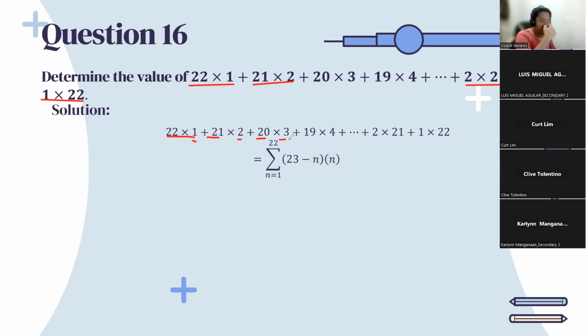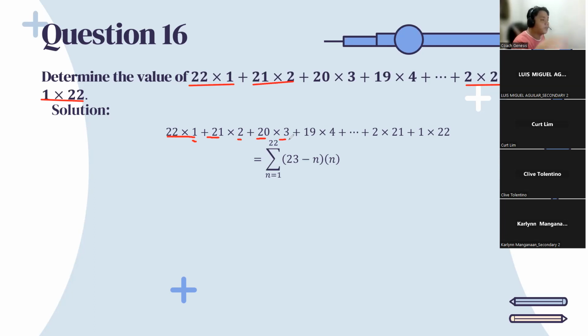So what does that mean? That means you can create the summation using the product. First off is by adding the two values. Let's say 22 and 1. If you add 22 and 1, that will be 23.